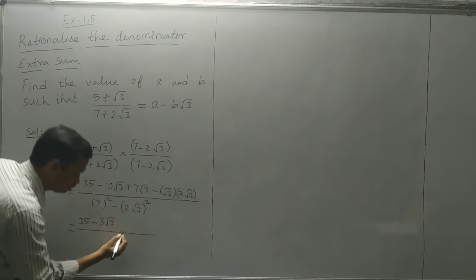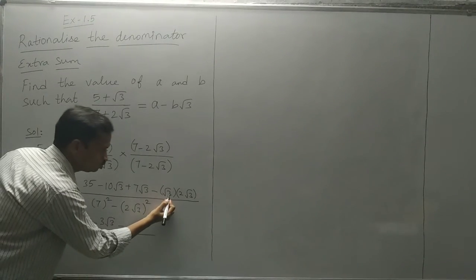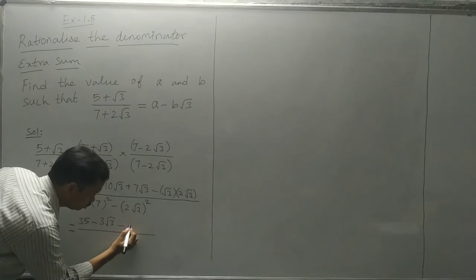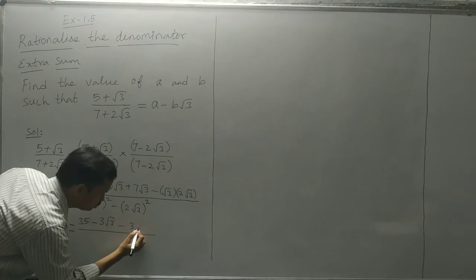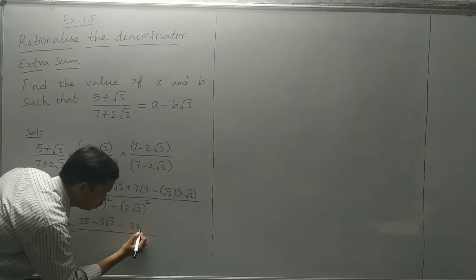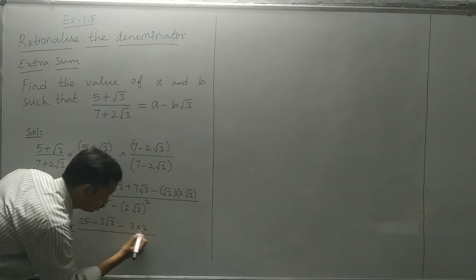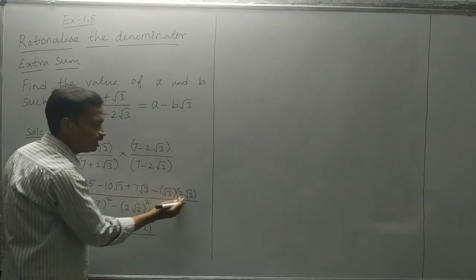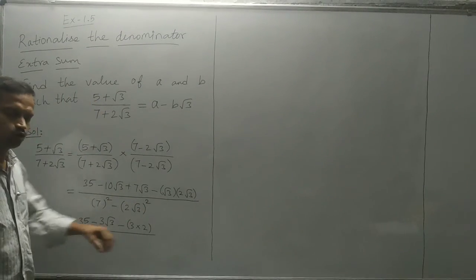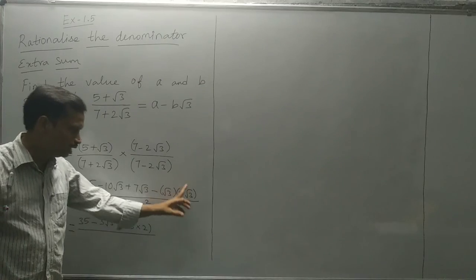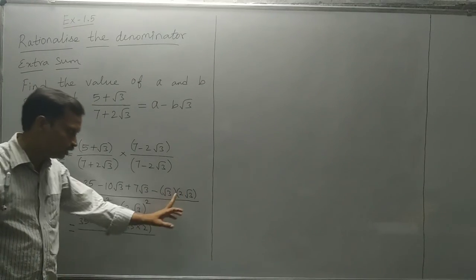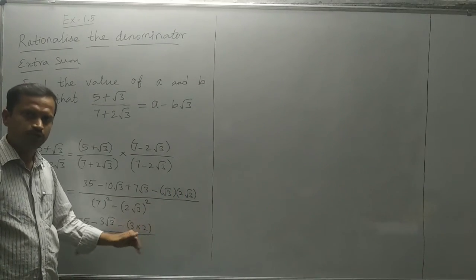And here minus, so put minus. Root 3 into 2 root 3: how to multiply that? First root 3 into root 3 becomes 3, and then 2 is there, so put into 2.